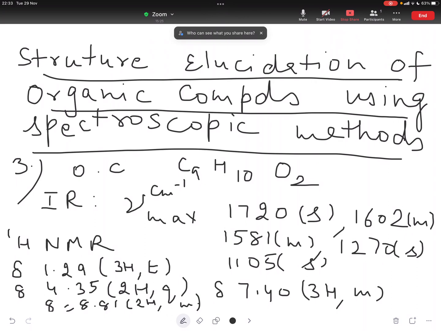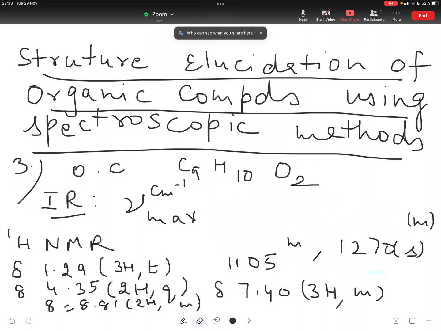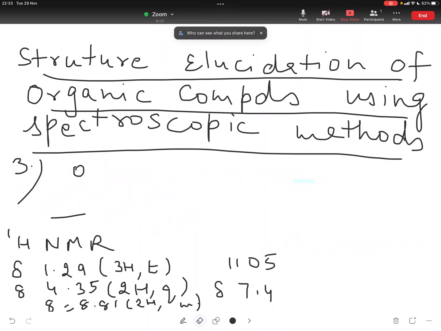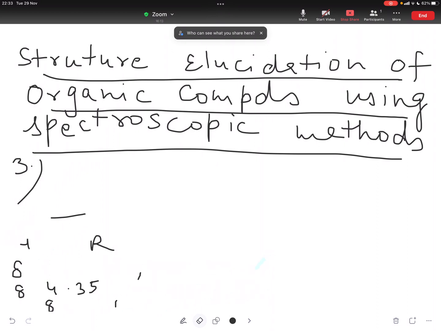Now, first of all, if we see the IR, the carbonyl absorption at 1720 in conjunction with the bands at 1270 and 1105 centimeter inverse shows an aromatic ester, and the bands at 1602 and 1581 confirm the presence of an aromatic ring. So IR is beautifully explaining.